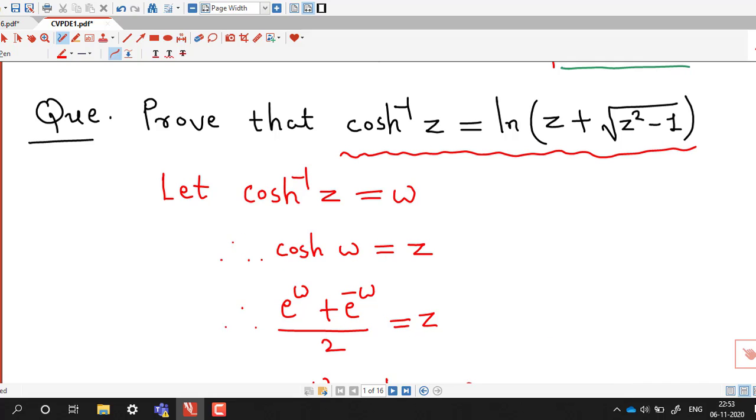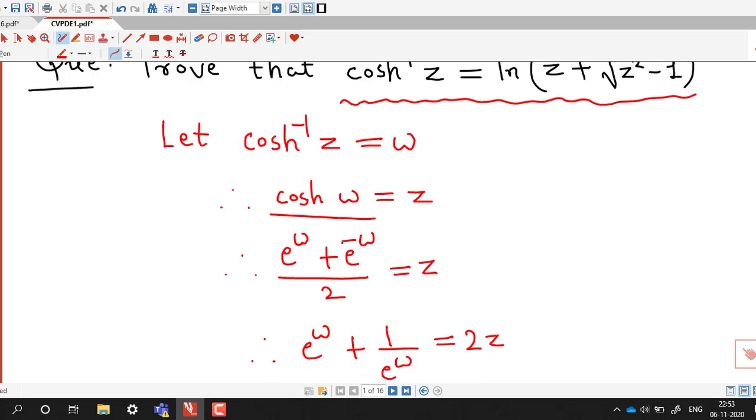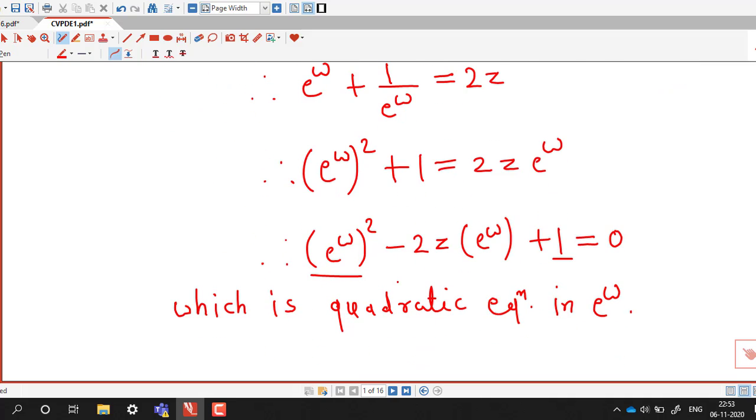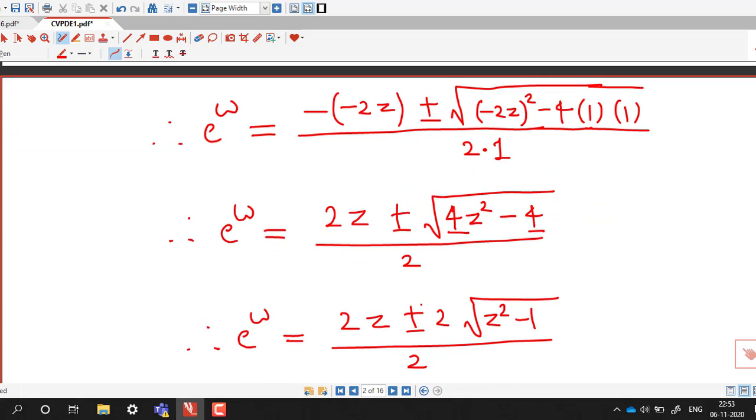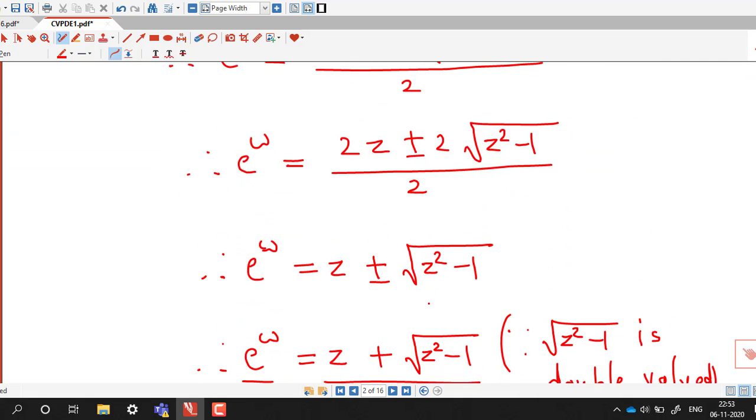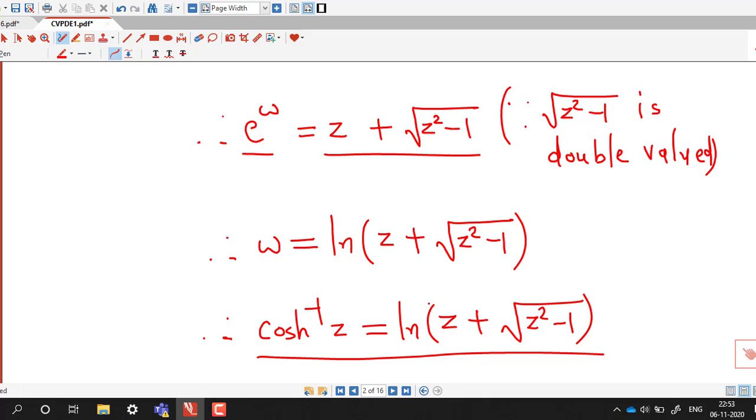We have just used the definition of cosh W and the inverse cosh function, and after making this a quadratic equation in e raised to W, we are able to find the value of W using the definition of the logarithmic function.